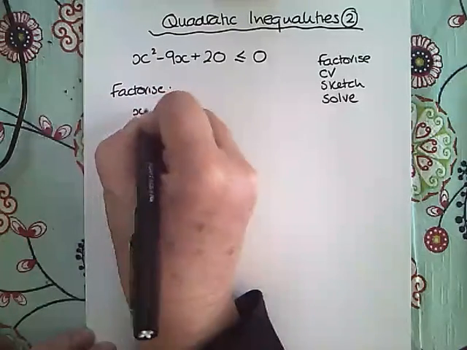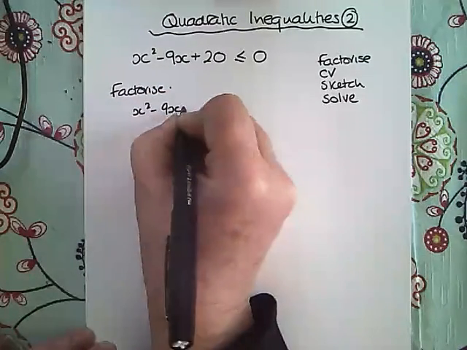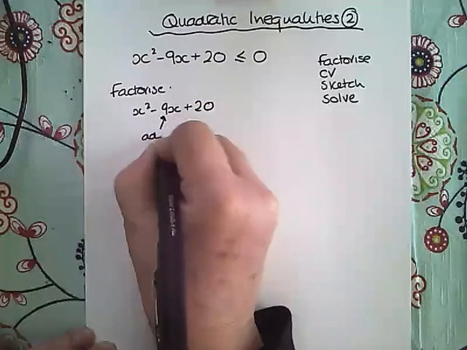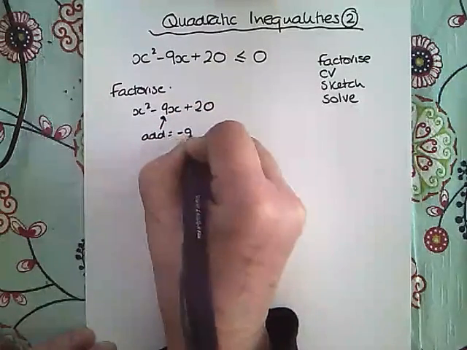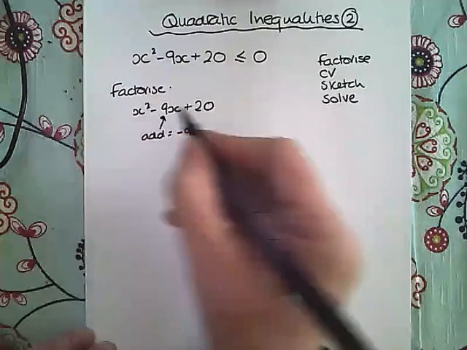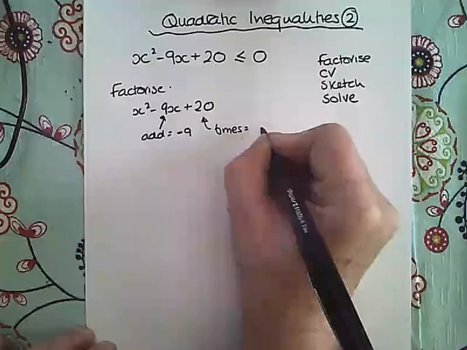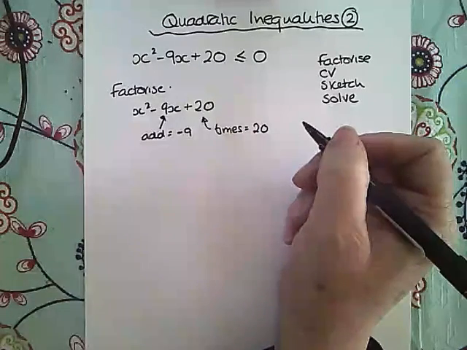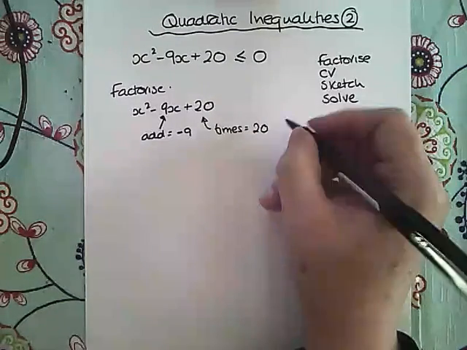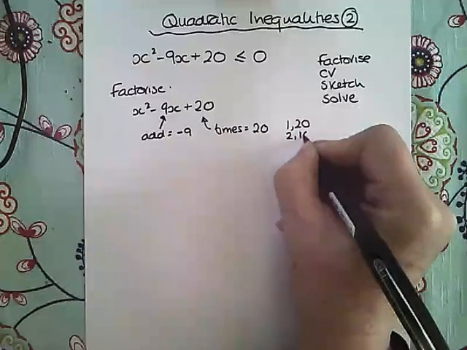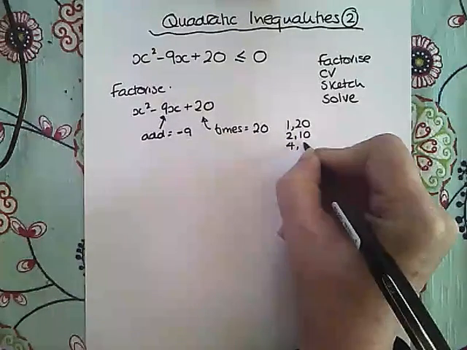X squared minus 9x plus 20. We are looking for two numbers that add to give negative 9, because the sign goes with this, remember, and times to give 20. Look at the factors of 20. They're 1 and 20, 2 and 10, 4 and 5.